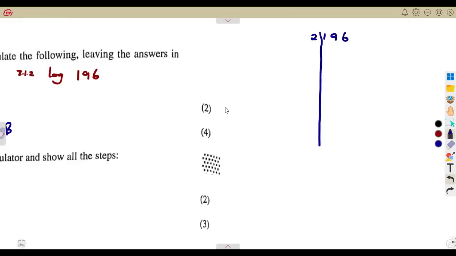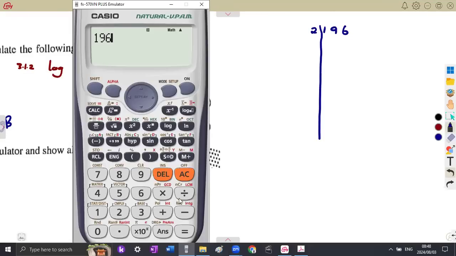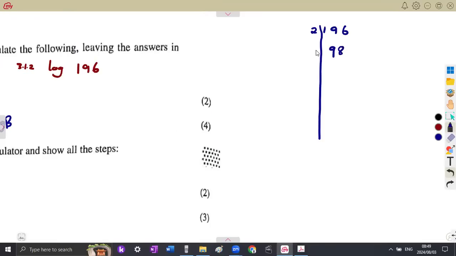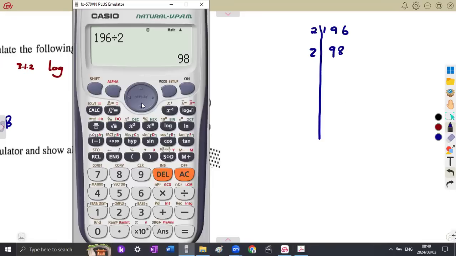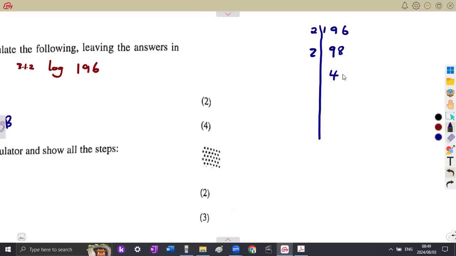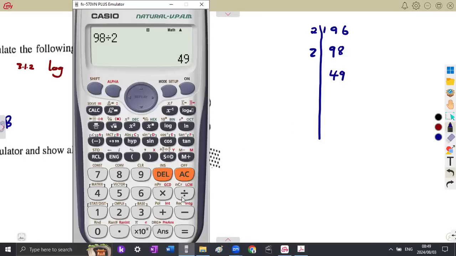That will be 98. As we can see, we can also divide by 2 again. 98 divided by 2 is 49. This time we cannot divide by 2 because this will give us a decimal.